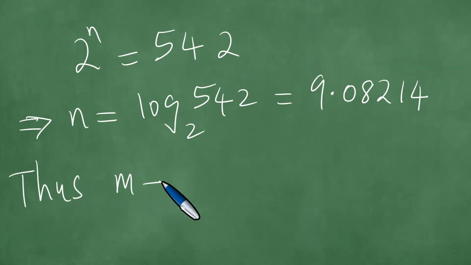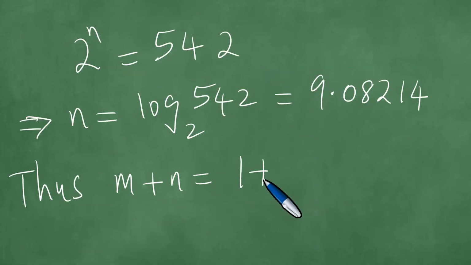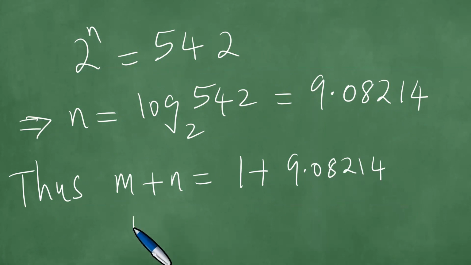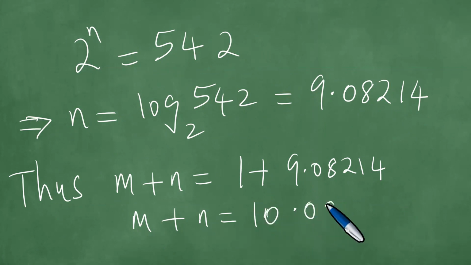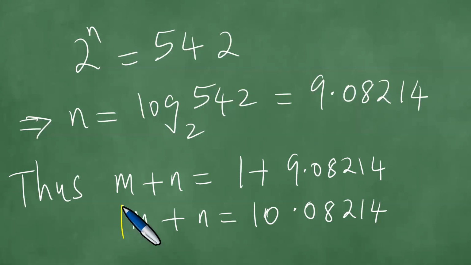Now we took m to be 1, and n is 9.08214, which means that m plus n equals 10.08214.